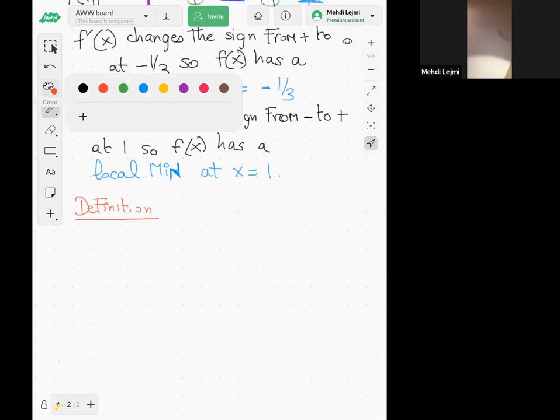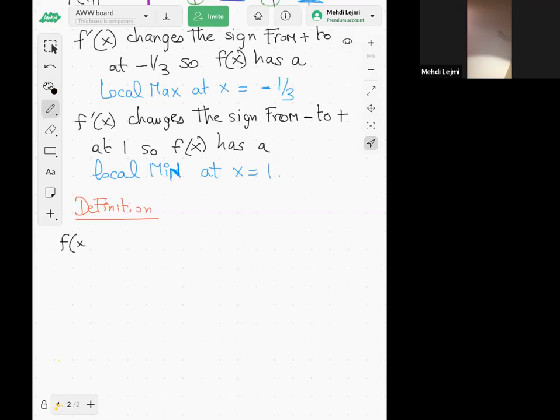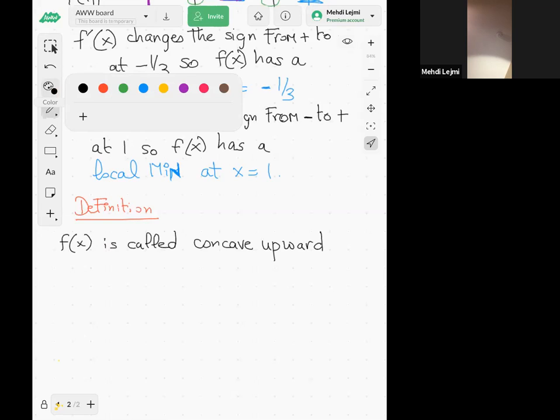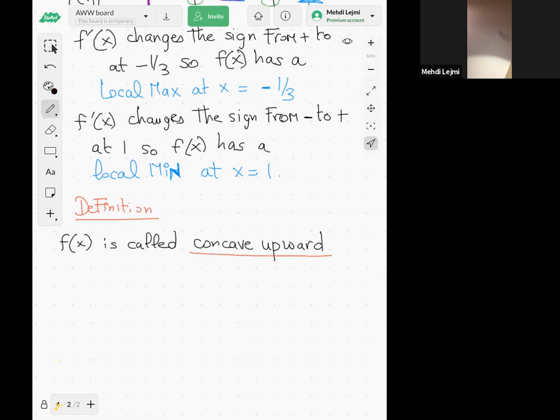Okay, so a function f of x is called concave upward on the interval I if the derivative is increasing, if f prime of x is increasing.